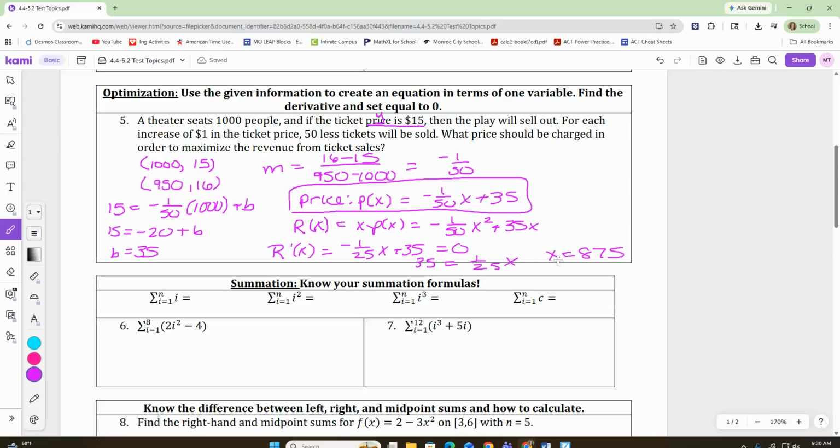Okay. But that is how many tickets I should sell. What did I ask you to find? So if I plug 875 into my price function, negative 1 over 50 times 875 plus 35, I get that we are charging $17.50 to maximize our revenue.